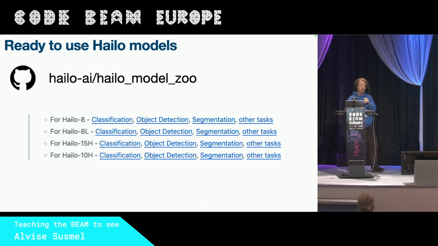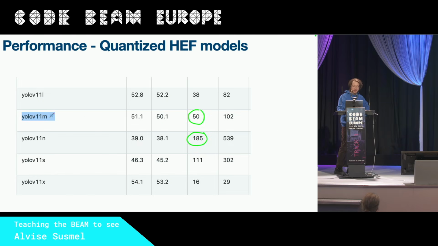So on this website here, these are official from Hailo, there are many models: classification, object detection, even segmentation. You can run segmentation on this device pretty well. I mean, it goes fast. And the performance is, as you can see, great.